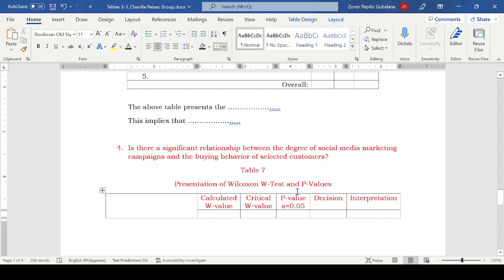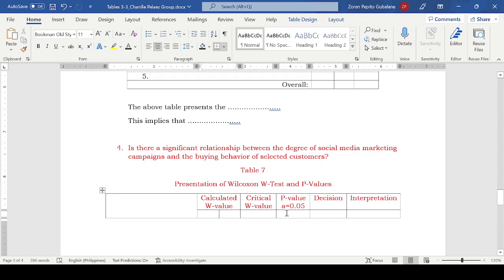Disregard the type of statistical treatment. So basically, you have your calculated value. This is the result after calculating using the formula of a specific statistical treatment. You are going to indicate the result here.